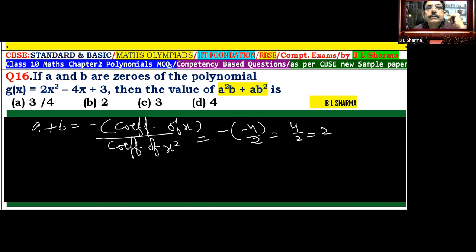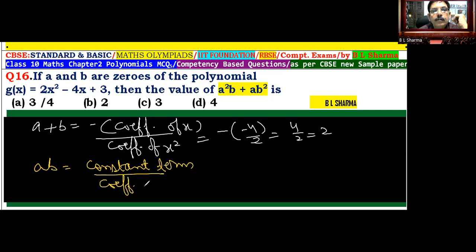And the product of zeros, a and b, is given by the constant term upon coefficient of x square. Here the constant term is 3 and the coefficient of x square is 2. So ab, the product of the zeros, is 3 by 2.